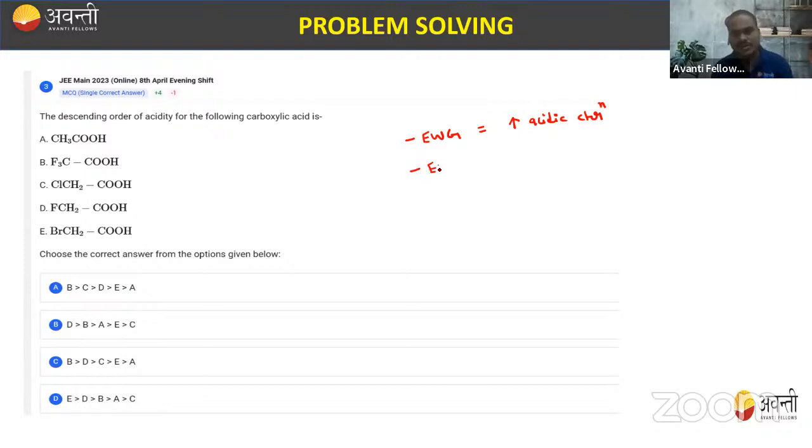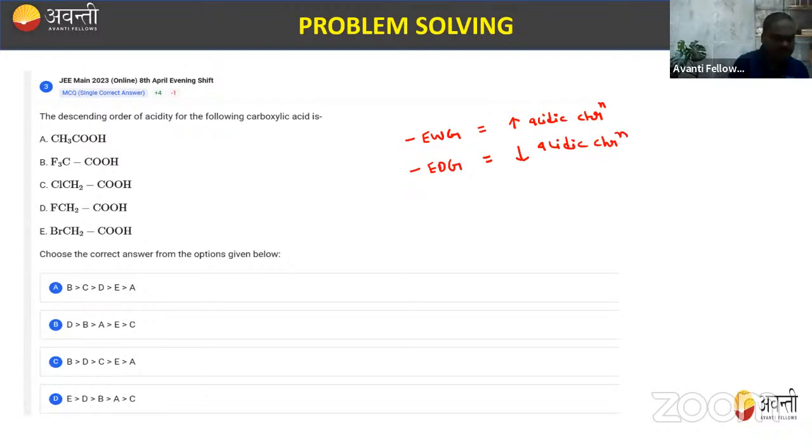Similarly, when an electron donating group, that is EDG, is attached, it always decreases the acidic character. This thing is very important to learn.